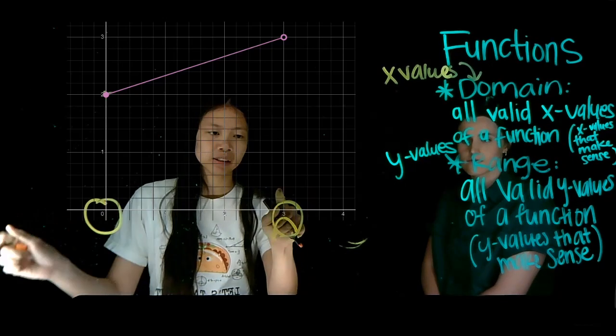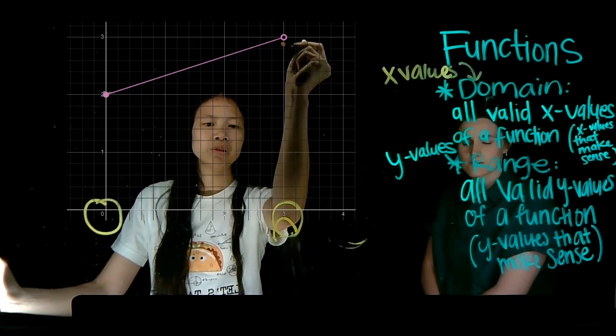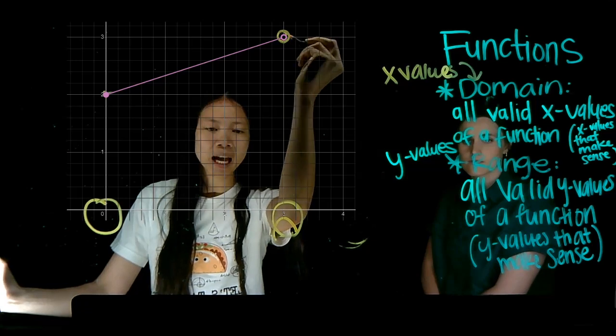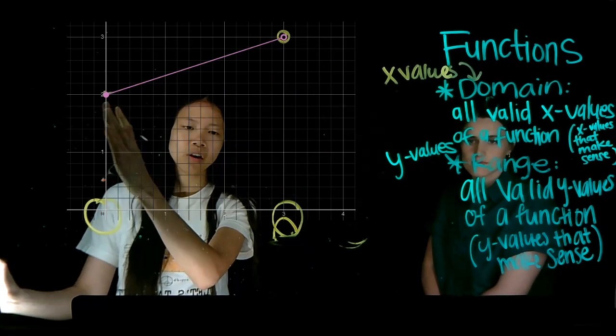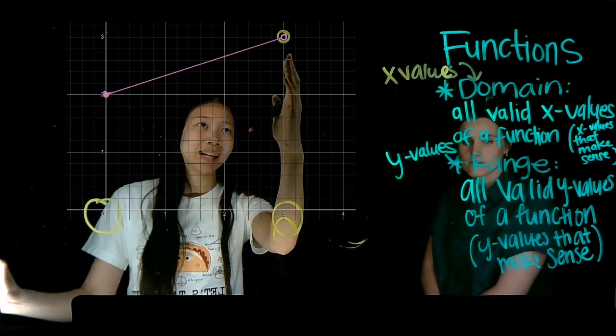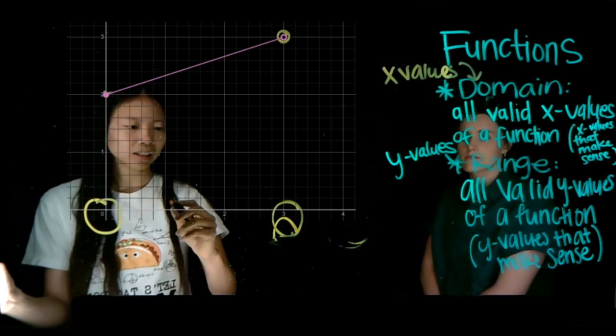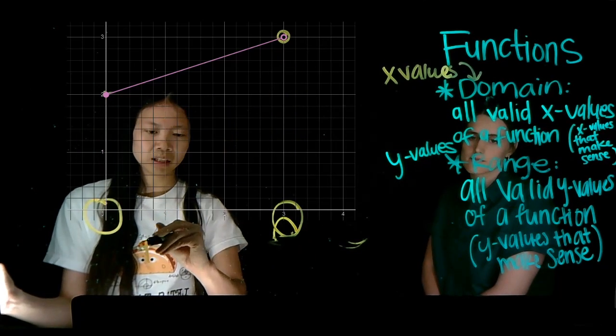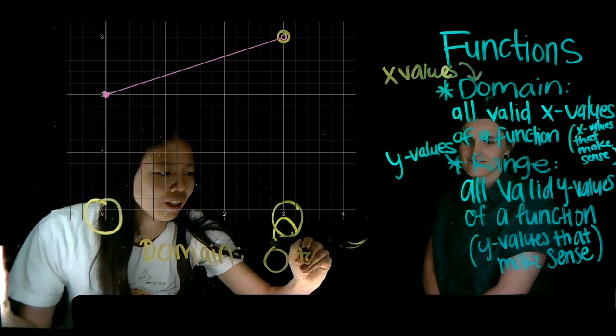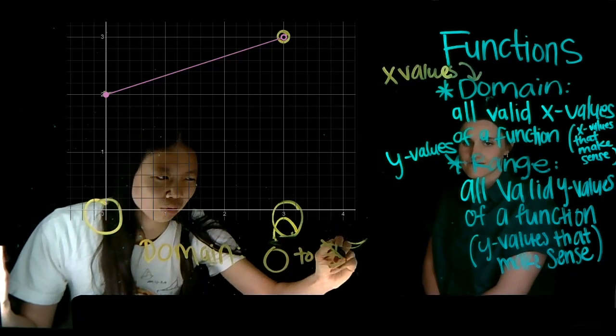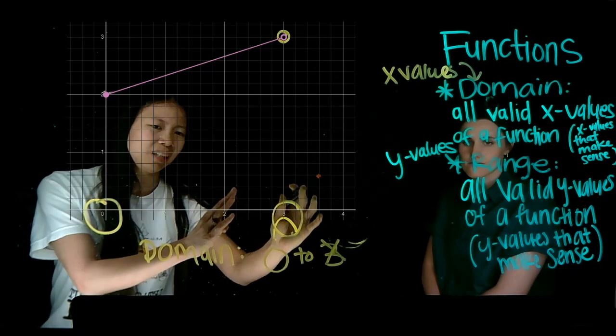However, if we notice, this is an open circle. So this means that this is like a gap in the graph. So it goes all the way until like even 2.99999, but once it hits 3, it does not exist, right? So to write this for our domain, we would say our domain goes from 0 to 3, but does not include 3. Like it goes up until 3 and then there's a hole.